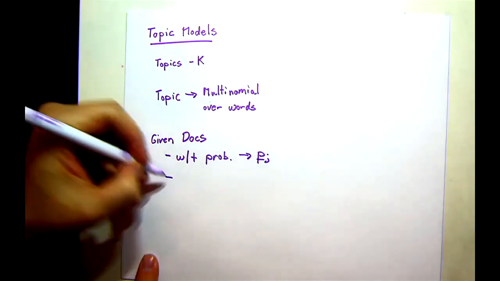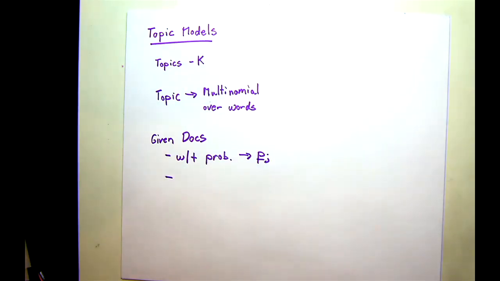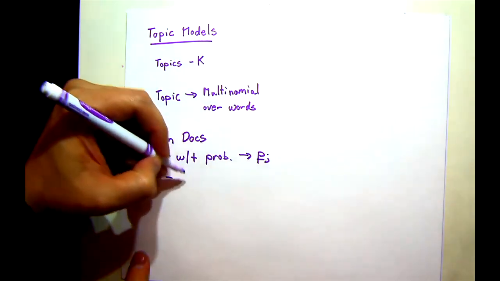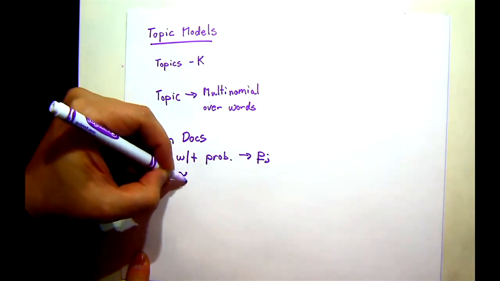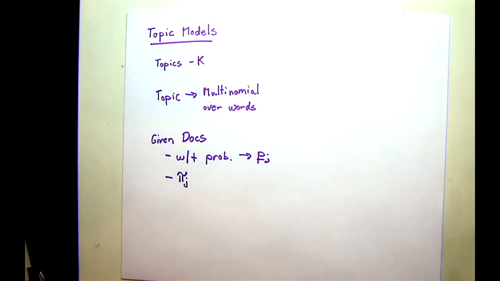And then the other thing we want to find is basically what we called the mixing probability before, but it's the number of documents, basically the chance that a particular document belongs to any given topic.